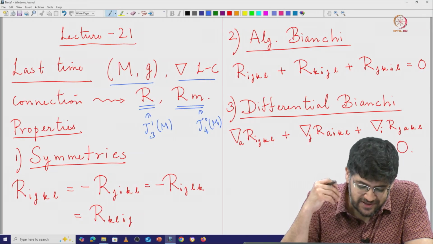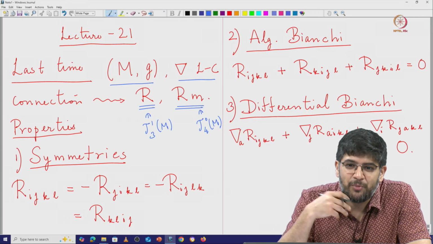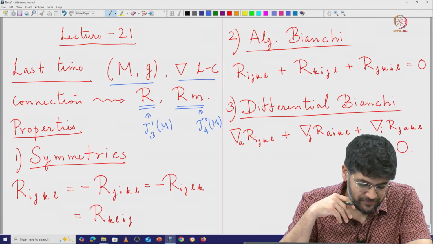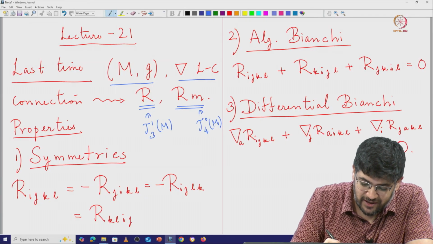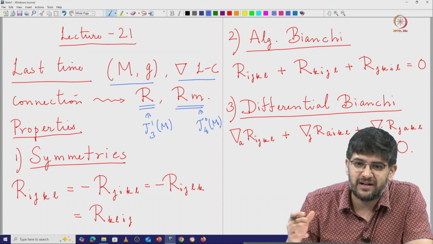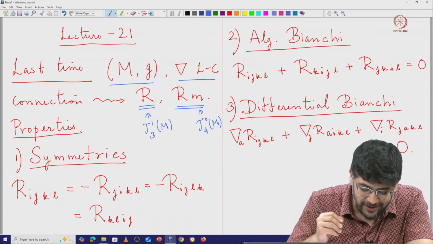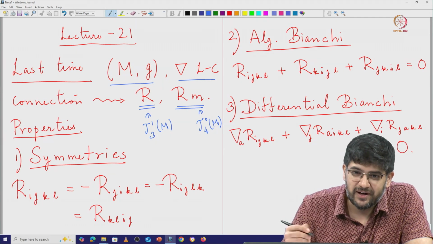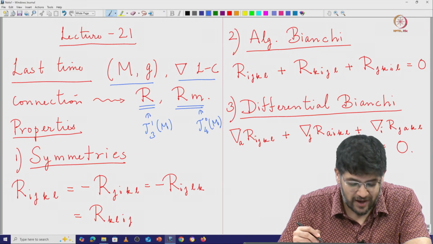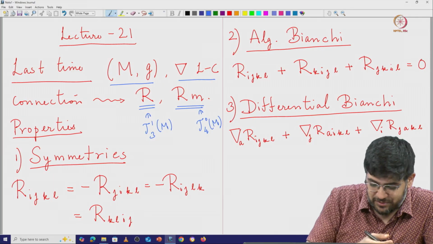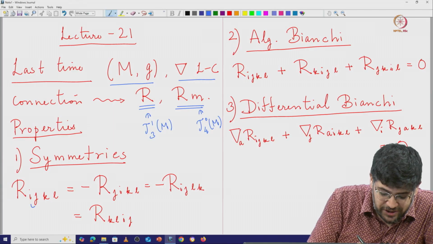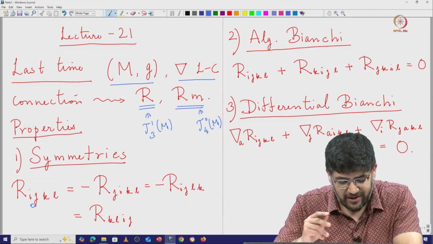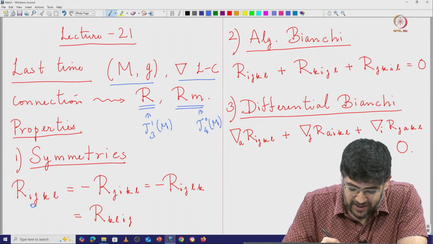So then in the previous lecture we studied some important properties of these tensors, namely we had the following three classes of properties. One was symmetries. So in terms of the local components of Rm, they basically look like the following. If you interchange i and j, that incurs a negative sign.